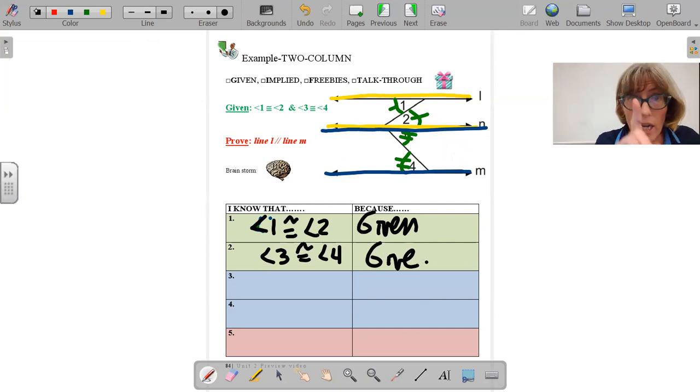So because 1 and 2 are congruent, then we know that line L is parallel to line N. And the reason is if alternate interior angles congruent, then parallel. I'm going to shorten that up just a little bit.